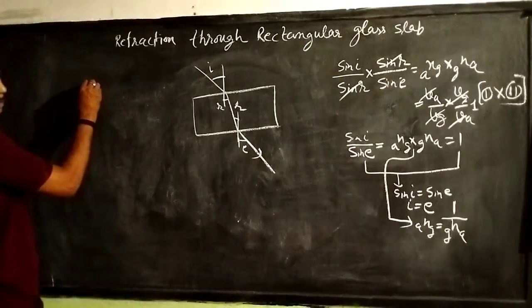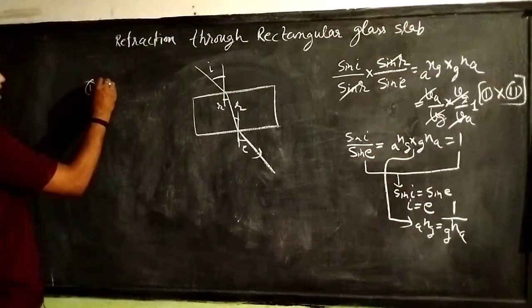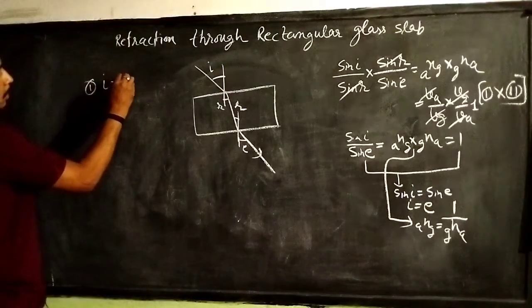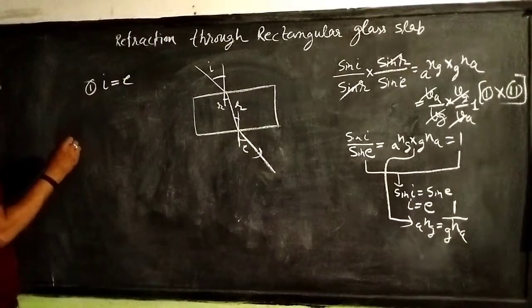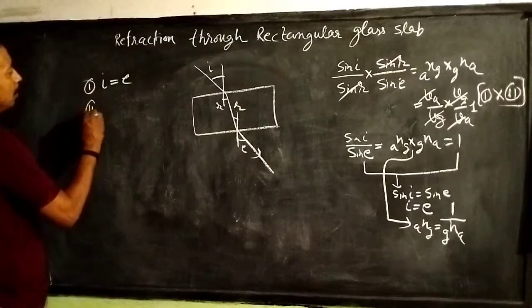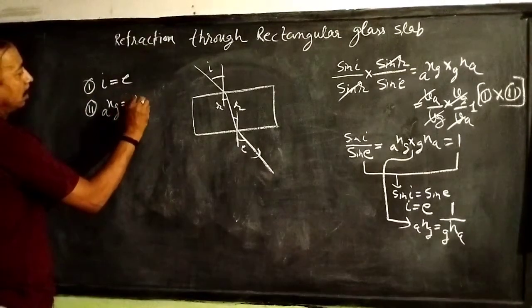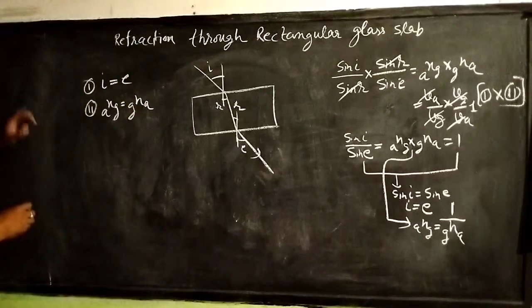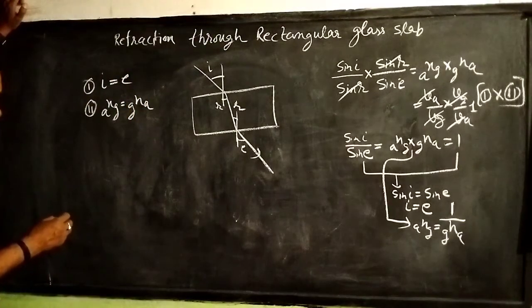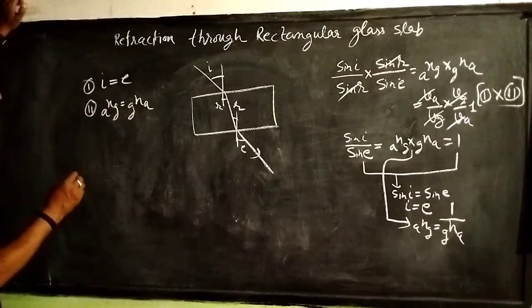We have seen that angle I equals angle E, the angle of incidence equals the angle of emergence. Number 2, aμg equals 1 by gμa. This follows from the reversibility of the path of a light ray.